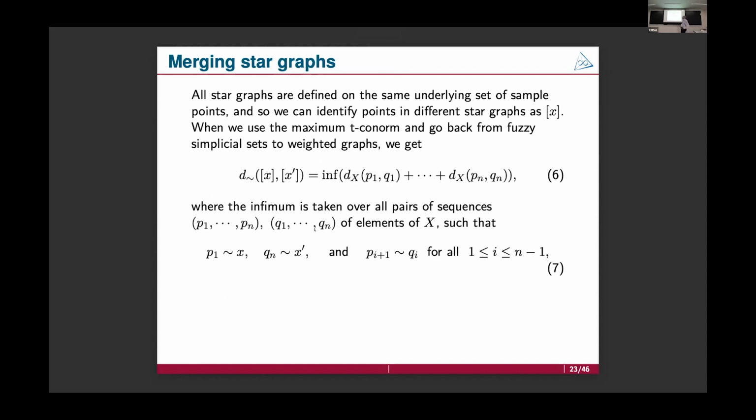So now with a maximum T-conorm, this is pretty simple. We have different star graphs. We identify points when they correspond to the same sample point. But then, in order to get the distance, we can go to a family of star graphs. And so we just try to find that family of star graphs going from one point to the other, that's the sum of the distances, the smallest possible one.